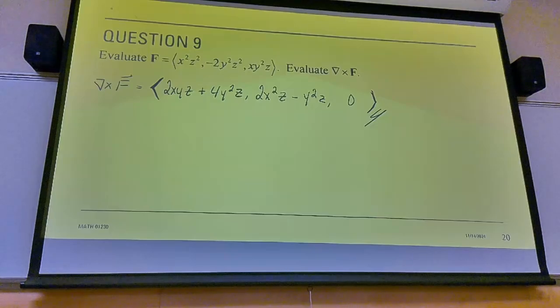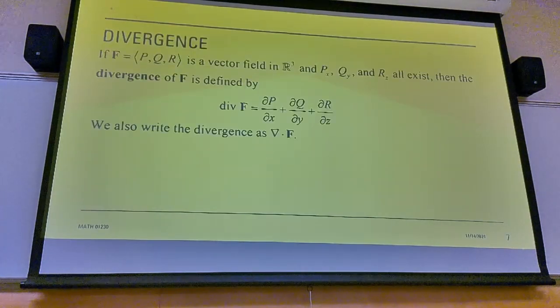By the way, there is a reason why we use the notation we use for divergence and curl. If you look at the divergence, that is a dot product, right? So remember, del is partial x, partial y, partial z.